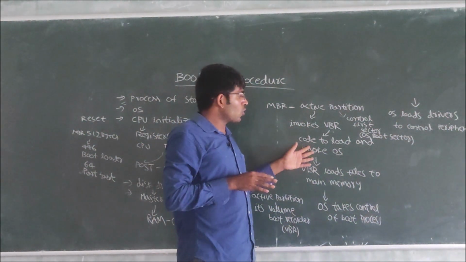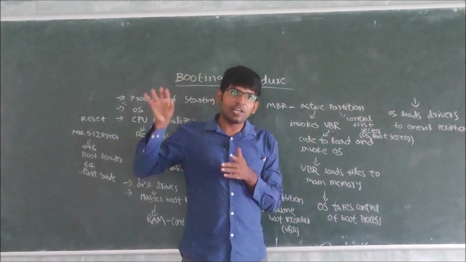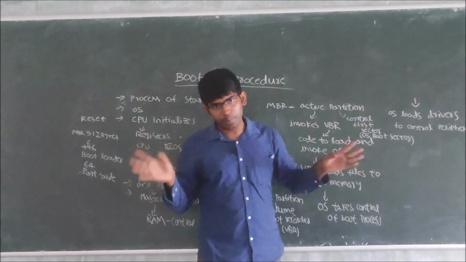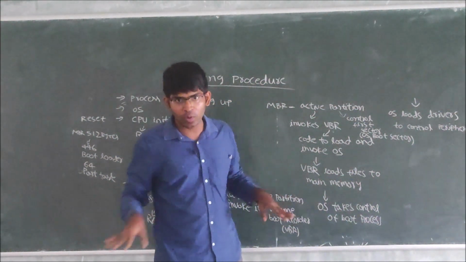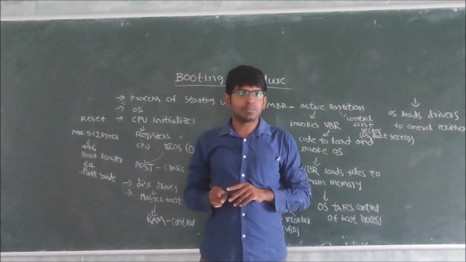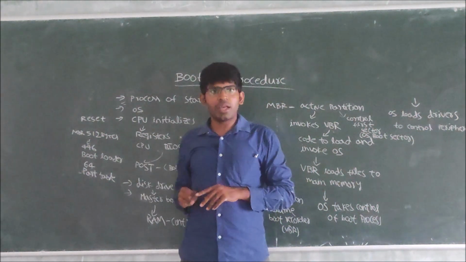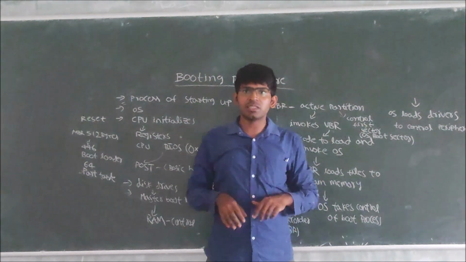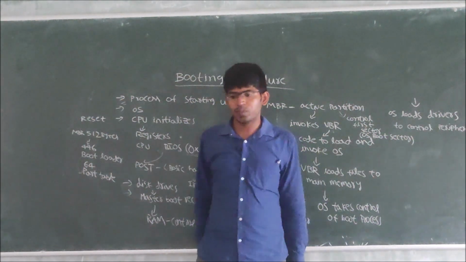When the OS is loaded and it is trying to run, at that time it loads the files to the main memory. Then the VBR task is over, and the OS comes into action. Once the OS comes into action, it will do the second check for the hardware devices, and it will load all the drivers, and the computer is ready for use.